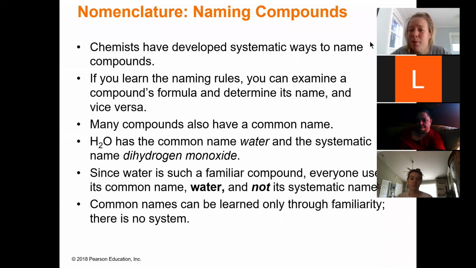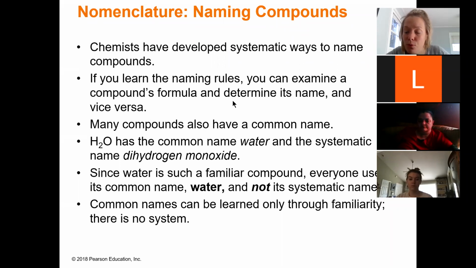But there's so many compounds out there that to memorize their everyday names would be kind of exhausting. Usually chemists within whatever field they're working in will know the everyday common names for them. But for all the other stuff, they need to have some sort of systematic way to name compounds that's consistent, so that it doesn't matter what compound I throw at you, you can name it and you can know what's in it. There are specific rules that you follow in order to name these things.